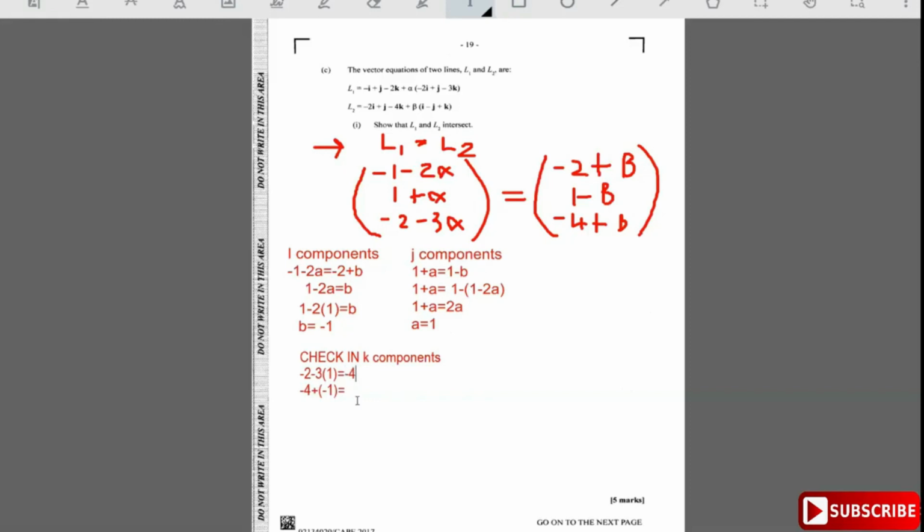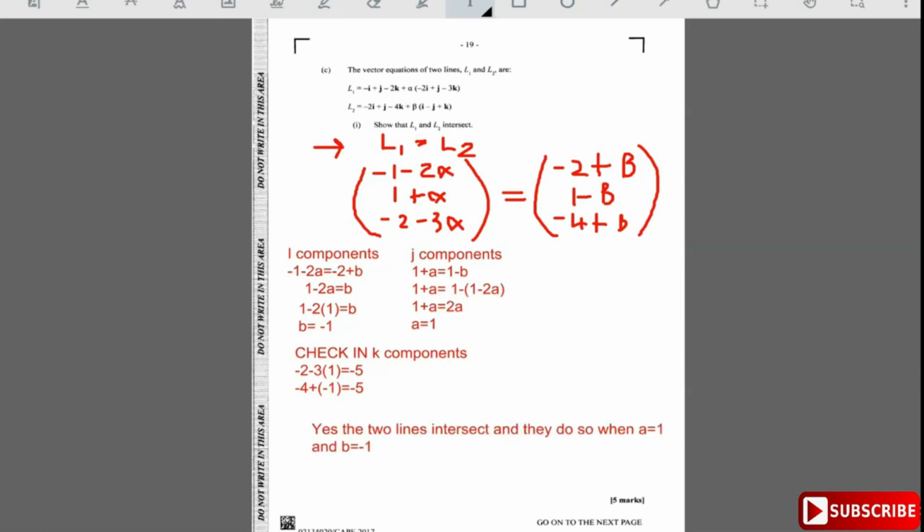And then we see -4 plus -1 is negative 5. And so yes, the two lines intersect. And they do so when alpha is equal to 1 and beta is equal to negative 1.